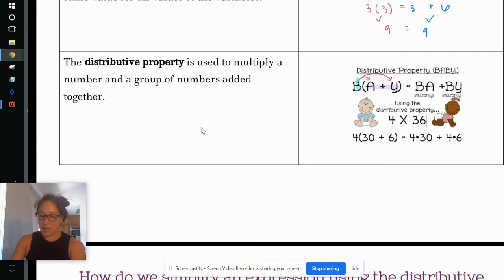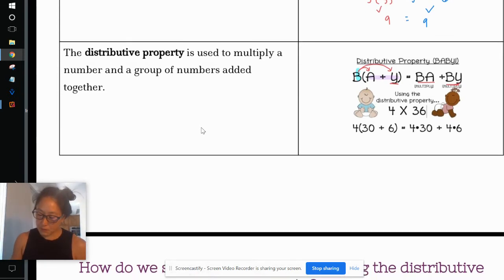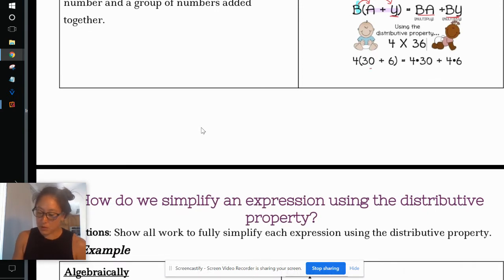So b times a would be ba, plus the second part of the parentheses. So b times y is by. All right, so same thing happens here. If I have two numbers inside the parentheses, I could really just add them together. But I want to prove to you that this works.